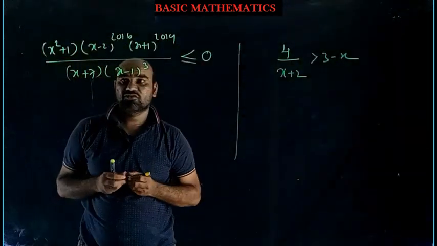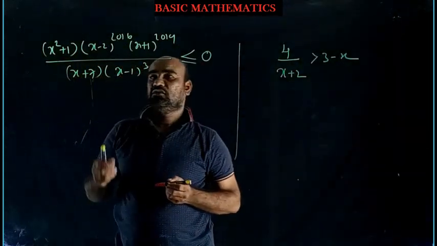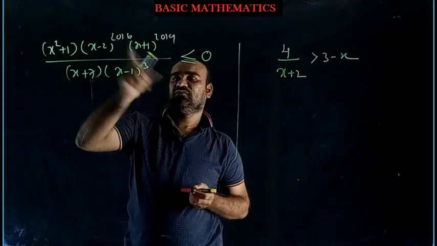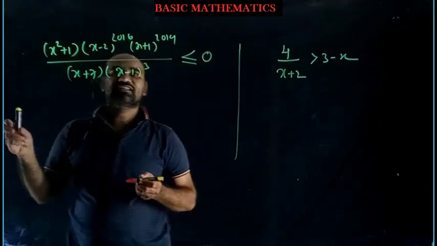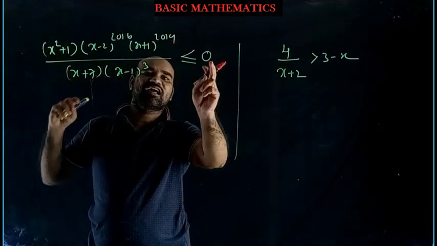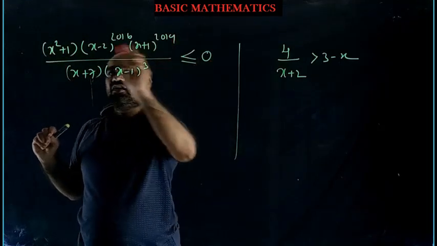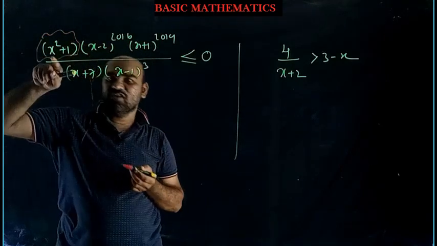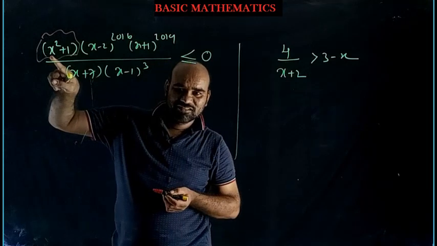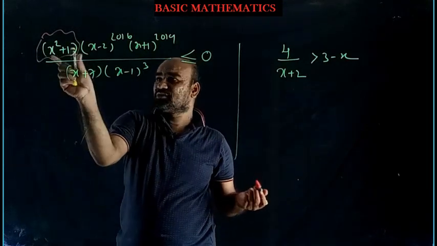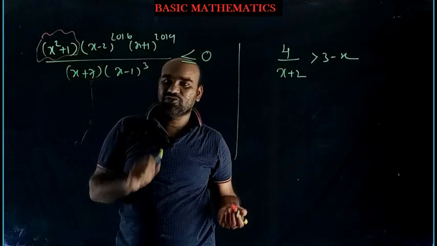Okay students, here are 2 questions. This is directly in standard form. Now I can apply it. The important thing is we want to find the value of x so that this expression is lesser than or equal to 0. x square plus 1 is always greater than or equal to 1 only, no? This expression never becomes negative.